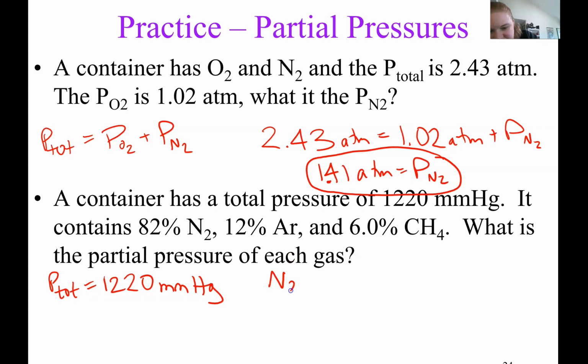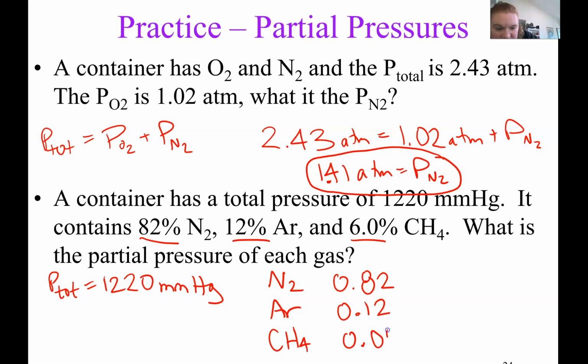Okay, so we have nitrogen, argon, CH4. I have their percentages right there. I'm going to rewrite those in their decimal forms. 0.82, 0.12, 0.060. To get to their partial pressures, I'm just going to take those numbers and multiply it by the total pressure.